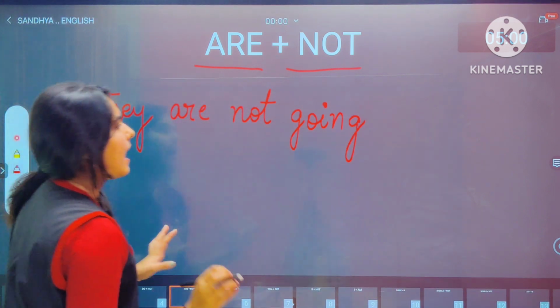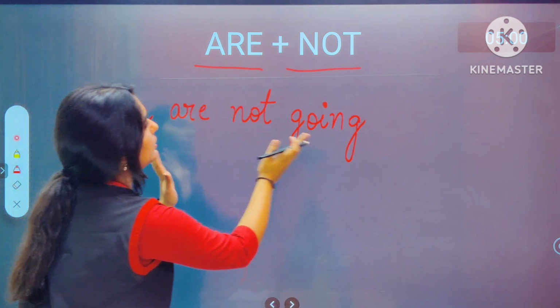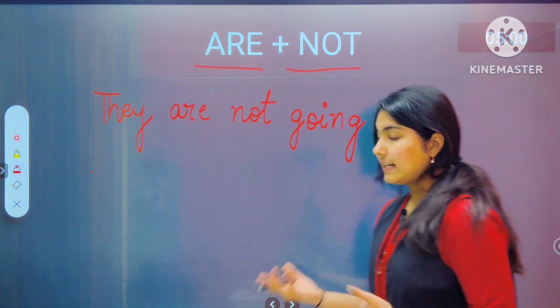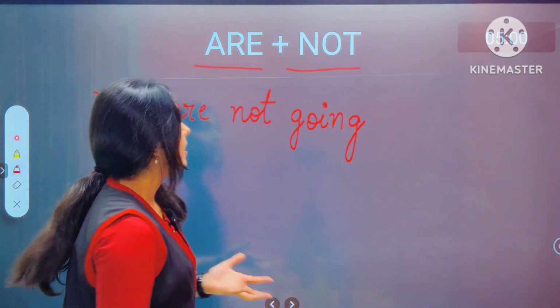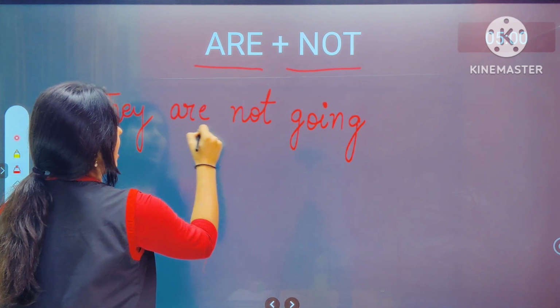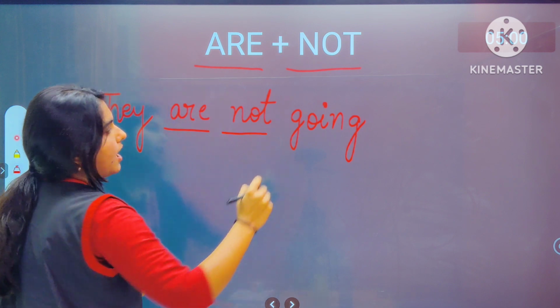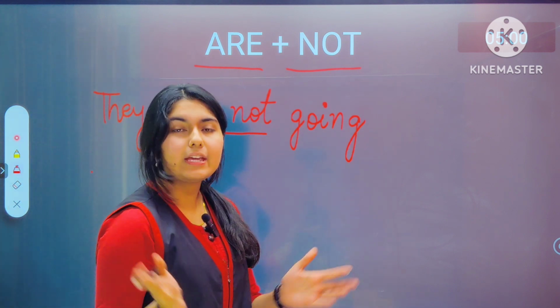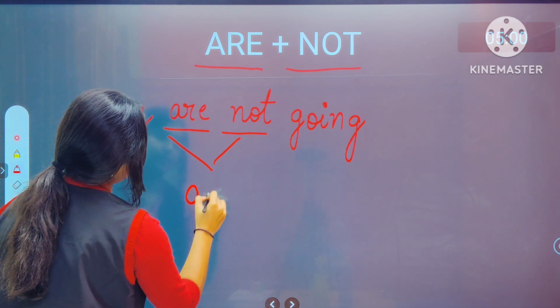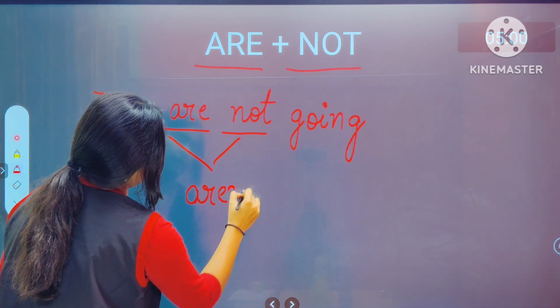So the sentence we have here is they are not going, right? They are not going. So how to make this sentence shorter using contraction? All we have to do is, these are two consecutive words, are and not. After merging them, we get a new different word which is aren't, which is A-R-E-N-T.